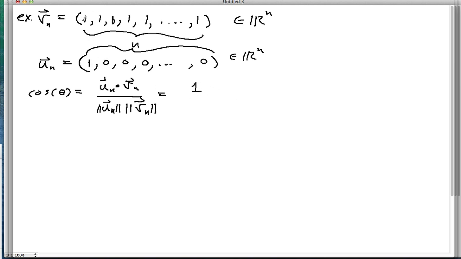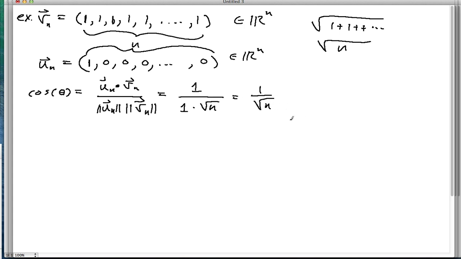Because there's only one dimension where the two interact that have a non-zero entry, and those will multiply to get just the 1. And likewise, un will be of length 1. But Vn, well, it's going to be the sum of 1 plus 1 plus 1, there's n of those. It'll be the square root of that, so it's going to be square root of n. So we get 1 over root n.